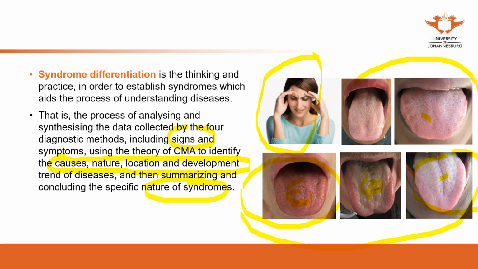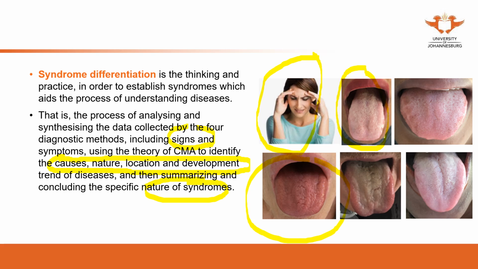When you see a patient with a headache combined with a pale tongue, or a patient with headache combined with a red tongue, when you use the theory to analyze, you will conclude to different syndromes. So that's the syndrome differentiation.